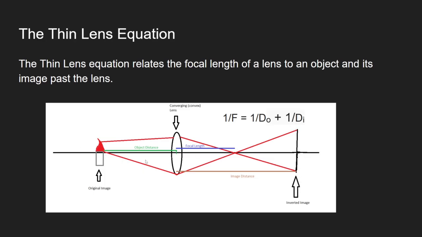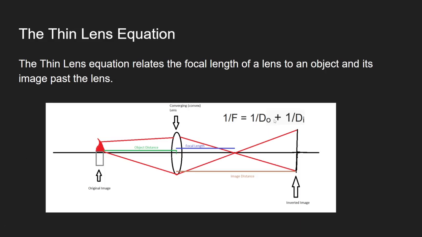The red rays here are going through the converging lens. They're converging at this point here, the focal point, and they continue their path onto this inverted image. It's inverted because they land on opposite sides of where they started. So that's basically the premise of this.